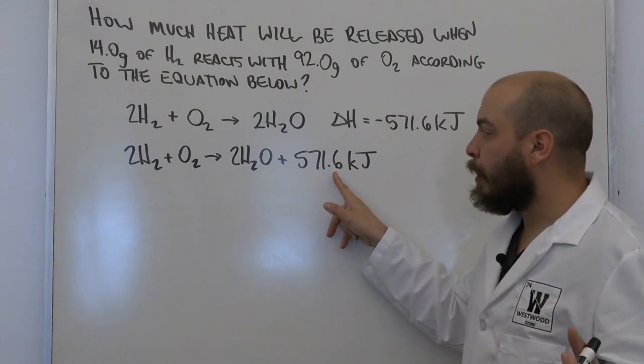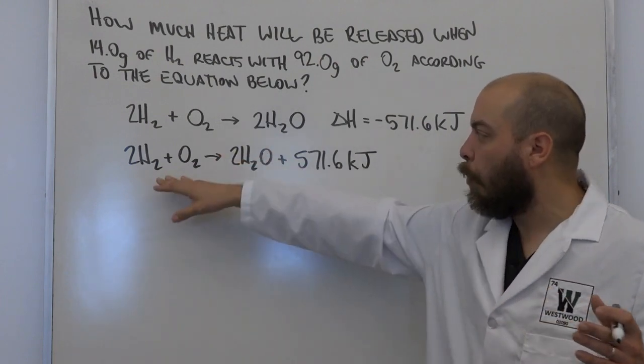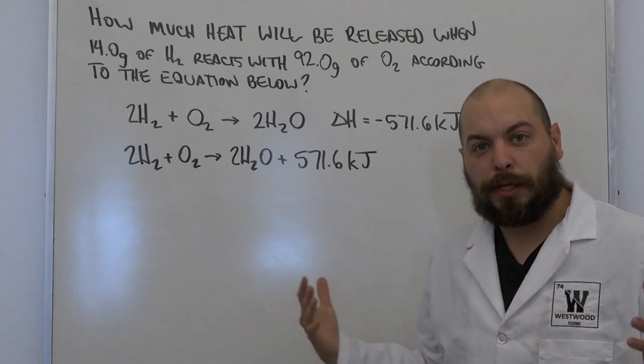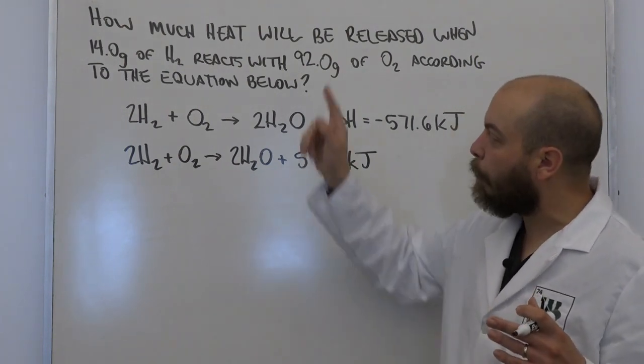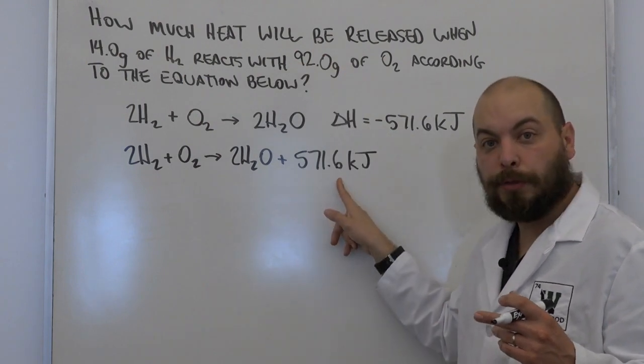Now, that means we have a ratio between moles and energy. So what we're going to do is use dimensional analysis and stoichiometric skills to get from our grams of hydrogen and our grams of oxygen to our amount of energy produced by each.